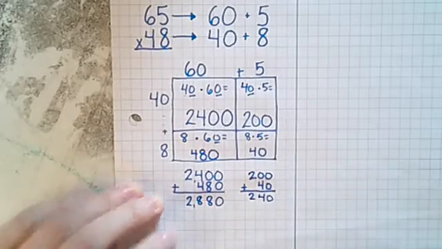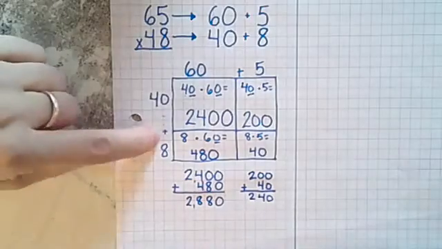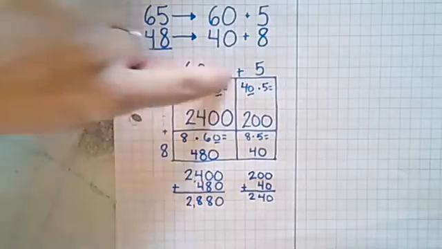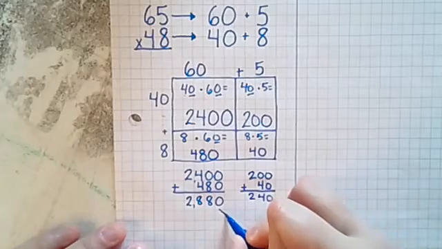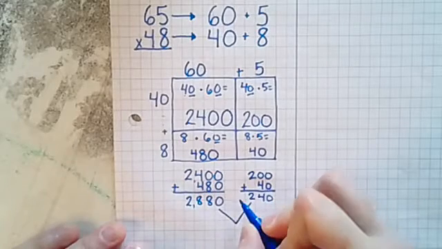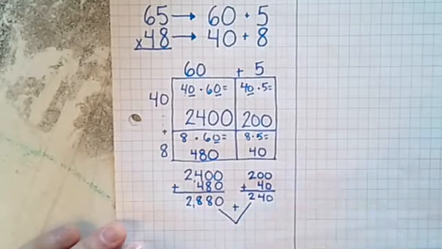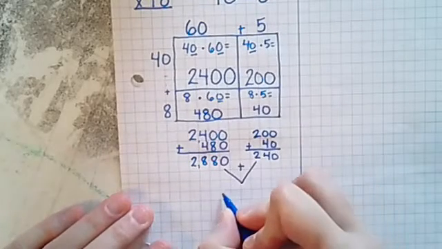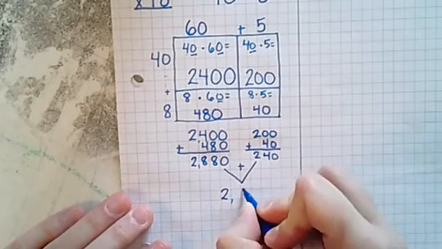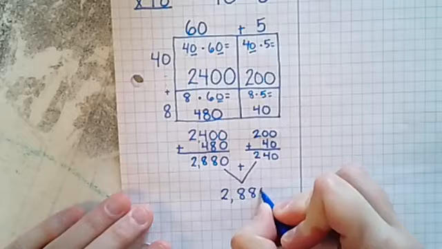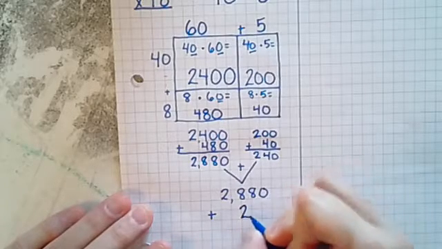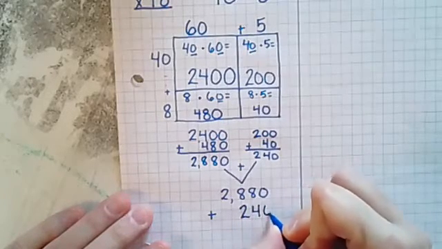Now I'm still not done, okay? I got my addition going down, but now I have to get my addition going across. And so I take these two numbers and I'm going to add them together, okay? And I'm going to move this up. So now we have 2,880, and I'm going to add 240.